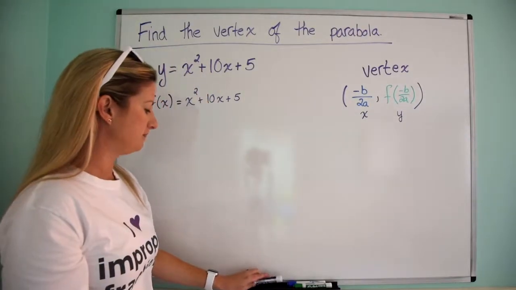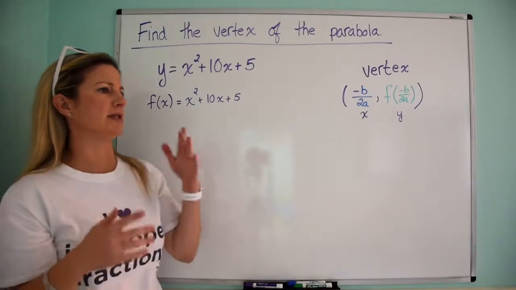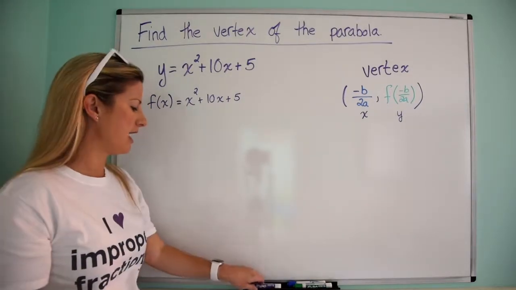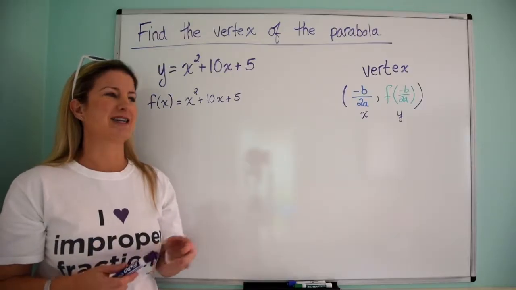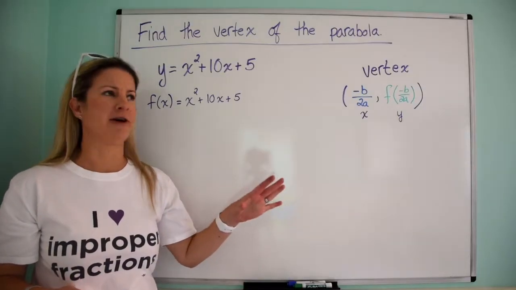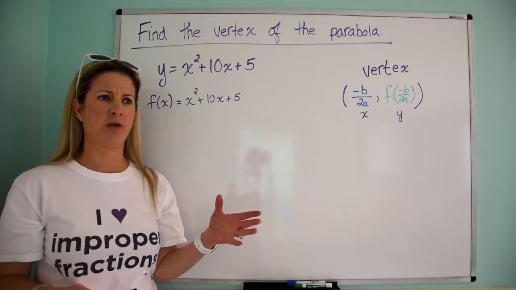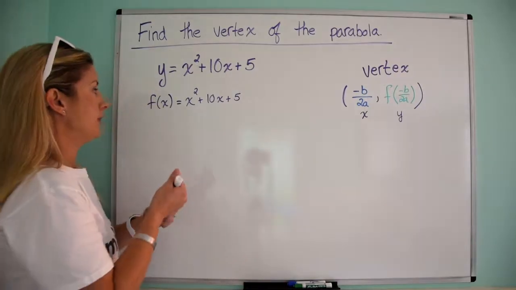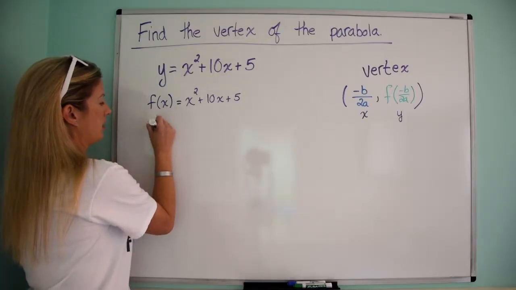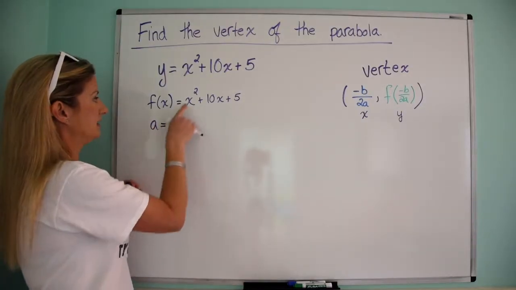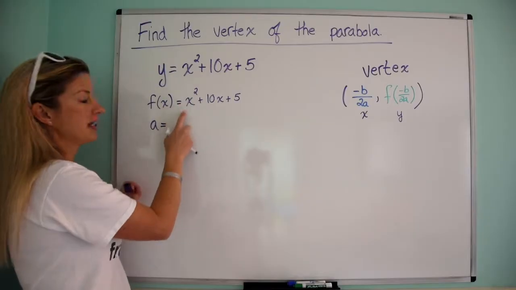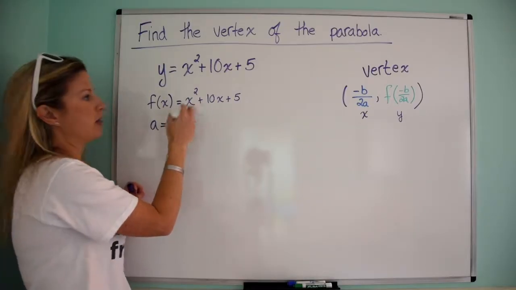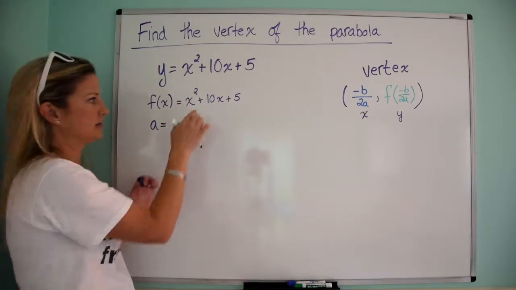So let's give this a shot. The first thing you need to do is label your a, your b, and your c. Back when I was in the classroom, I required that my students write what each one is. So a is the coefficient of the x squared term. In this case, because there's nothing out front, that means it's 1. We could place a 1 here, but we don't write that, it's assumed.